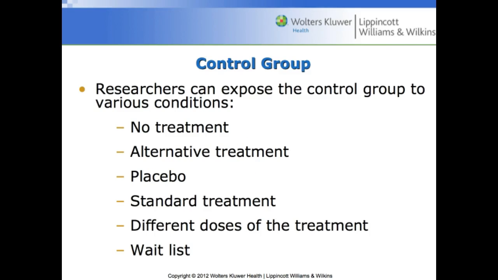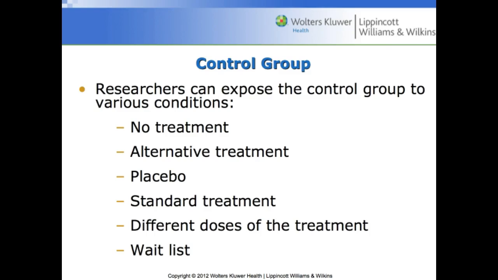The control group is necessary to be able to see if there is a difference, if the treatment made a difference in the group that got the experiment versus people that didn't. And you can look at different ways of how they do control groups. They could give no treatment. There could be some alternative treatment or a placebo, so that the person thinks that they're getting a treatment.